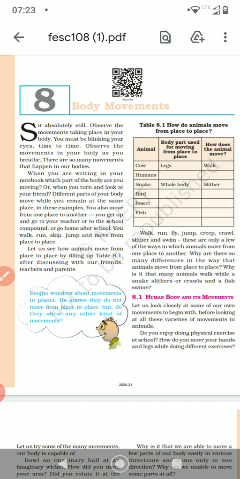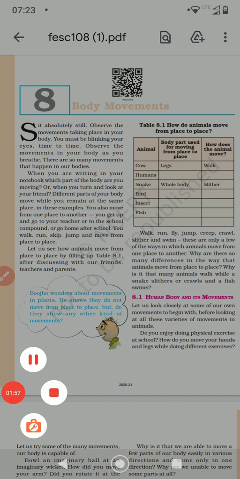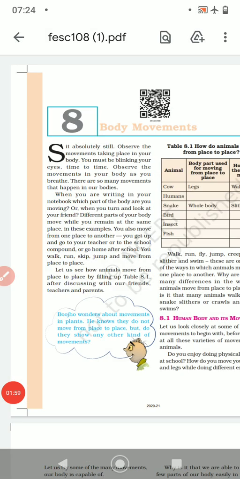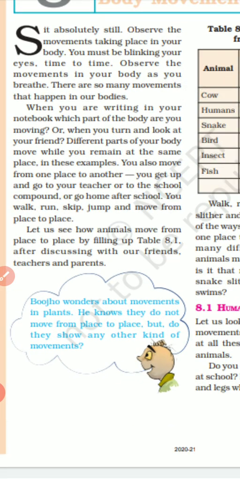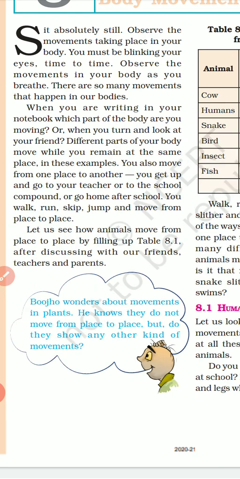When you are writing in your notebook, which part of the body are you moving? Of course, our hands, alright? Or when you turn and look at your friend, different parts of our body move while you remain at the same place.